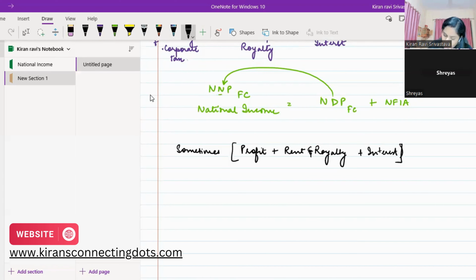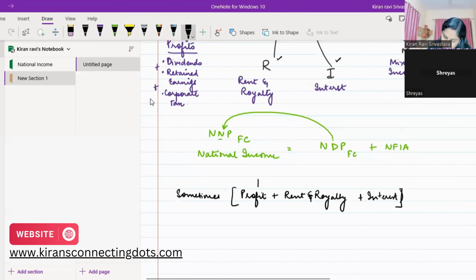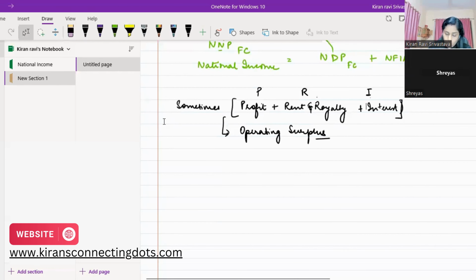These three components, profit plus rent plus royalty plus interest, PRI. ठीक है, PRI ये तीनों को कंबाइन करके they can give the word as operating surplus. They can use the word operating surplus. तो घबराना मत, अगर ऑपरेटिंग सरप्लस दिया हुआ है क्वेश्चन में, then operating surplus is nothing but P plus R plus I.